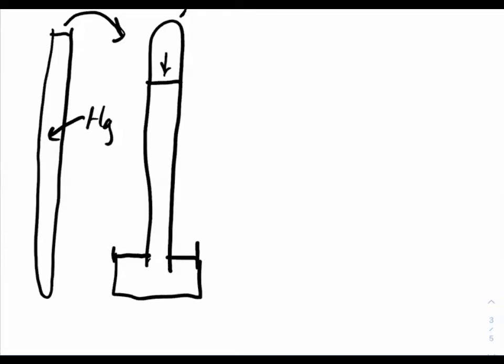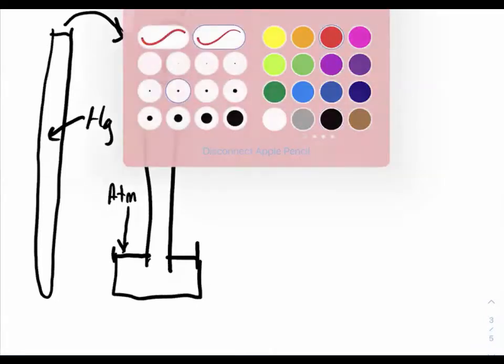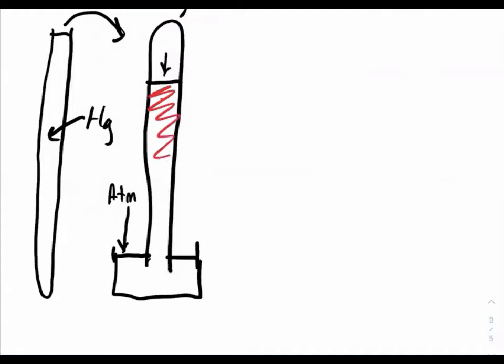The liquid inside the tube does not feel the pressure. But outside, there's atmospheric pressure that keeps the mercury from spilling out of the jar, right? The mercury comes out, but it doesn't just spill all the way out. You don't empty the tube, but it fills up this little tray.